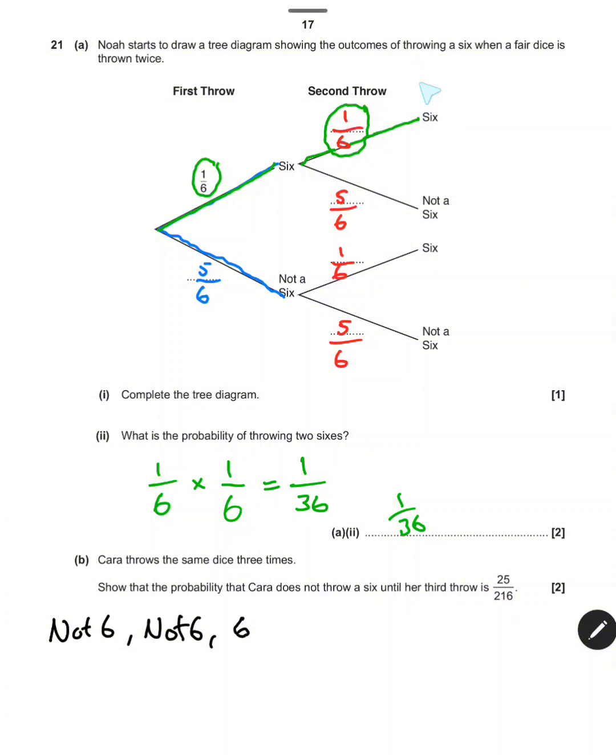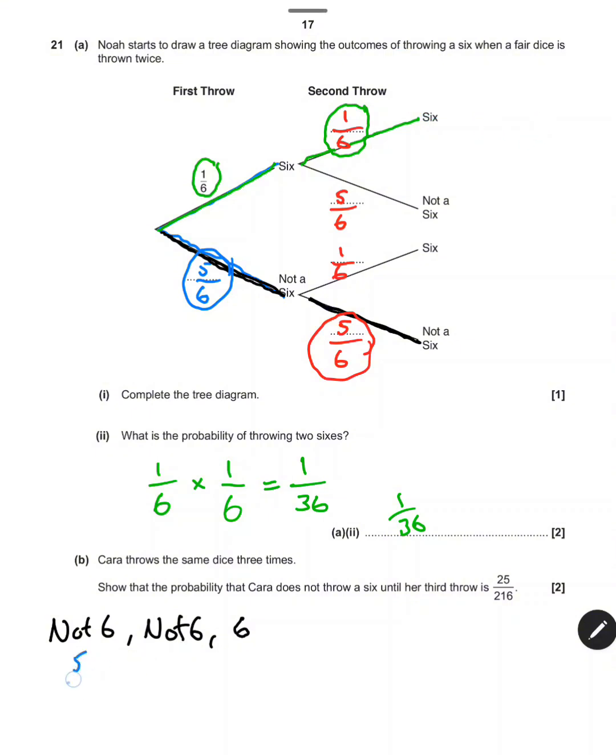Well, if we look at my probability tree, we'd get not 6, not 6, and then we just need the probability of a 6 on the end. So I'm going to sweep up this, and we'll look at the probability of a 6 on the end.